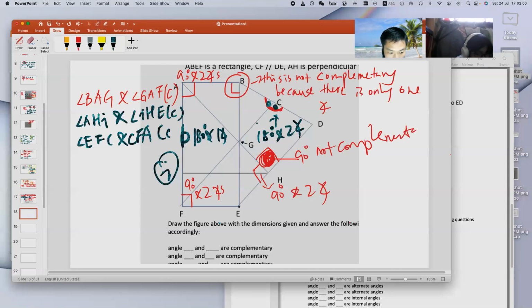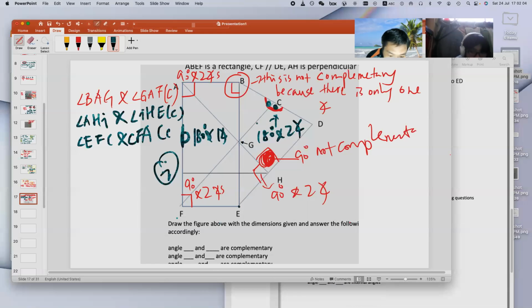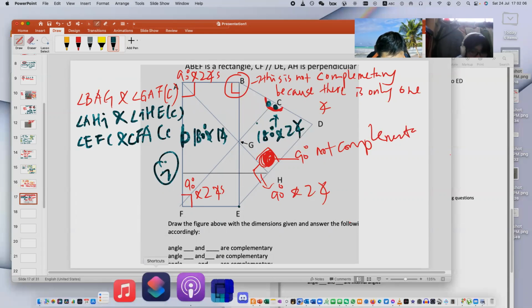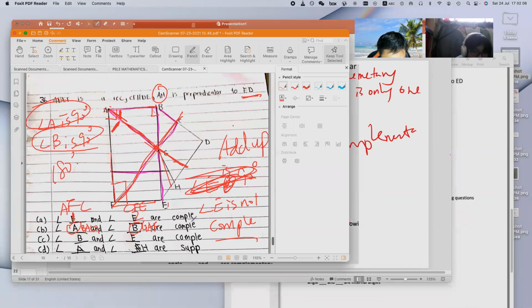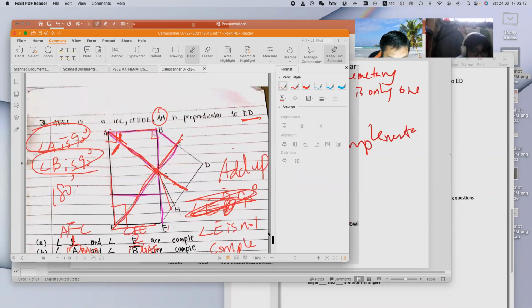Okay. And then of course, the opposite angles and then the rest. Let me see. Opposite angle. Can you see these two are opposite angles? Yeah. Right? So these two are okay.